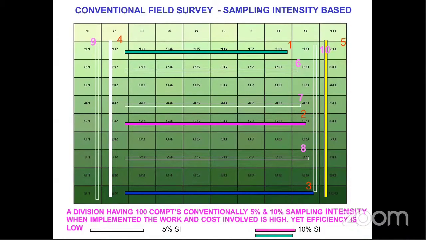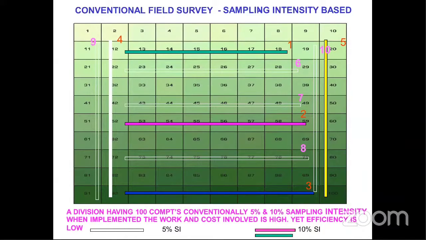Here the division has 100 compartments. Even if we make a 5% or 10% sampling intensity, some of the compartments will be untouched, and all these hundreds are based on the variability. There are differences in the growing stock. That means when we do a normal field survey, there is always a likelihood that we will be either overestimating or underestimating.